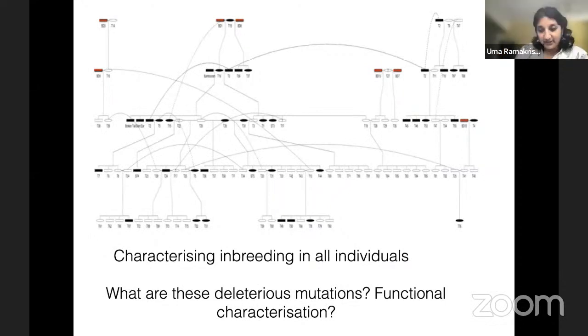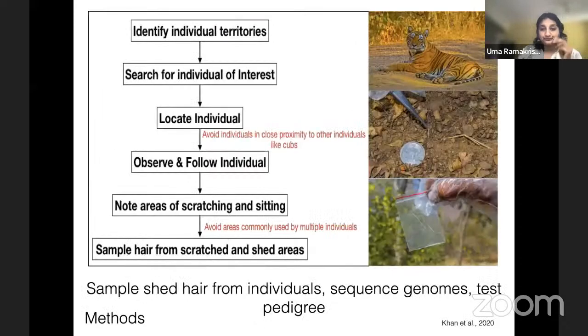Cats are known to have these conditions, and see whether any of these mutations fall in those genes. They do actually. We do have mutations in those genes, even in the Runthambore tigers, and then try to understand or predict with some functional assays whether they might affect individual fitness in the wild.